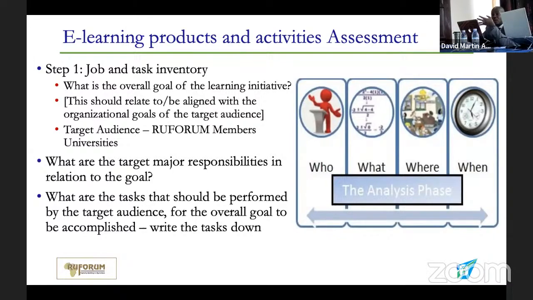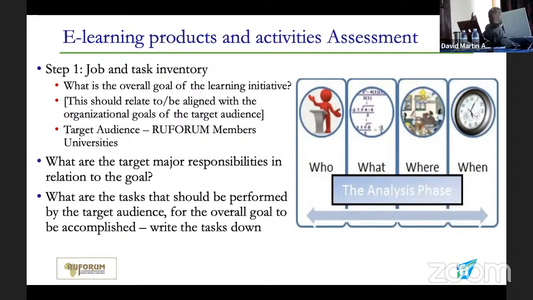Some of them have different curriculum requirements. So what is it that you develop that is going to be able to incorporate all of them together? So know your job and the task ahead of you and the goal to achieve.